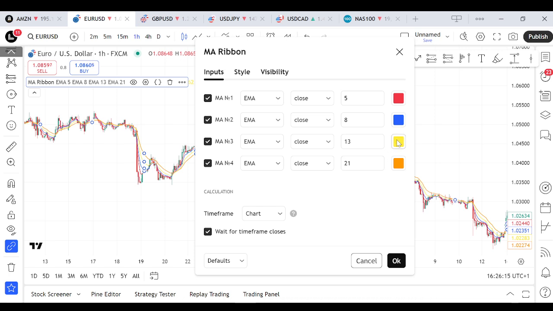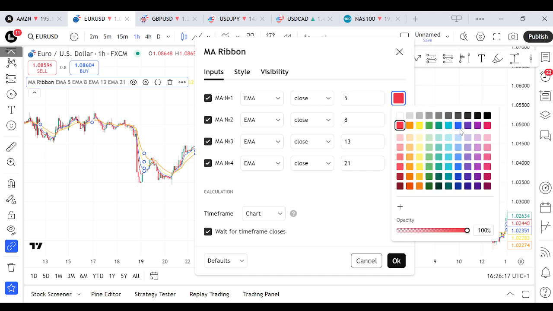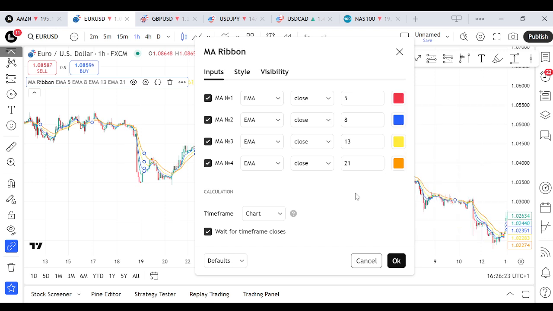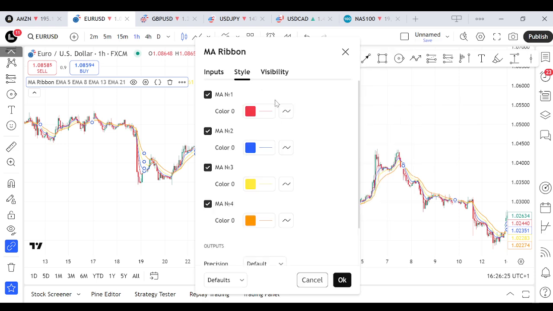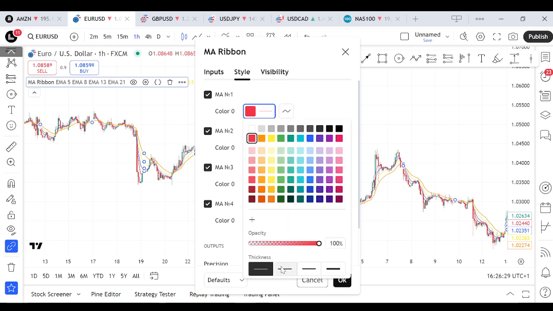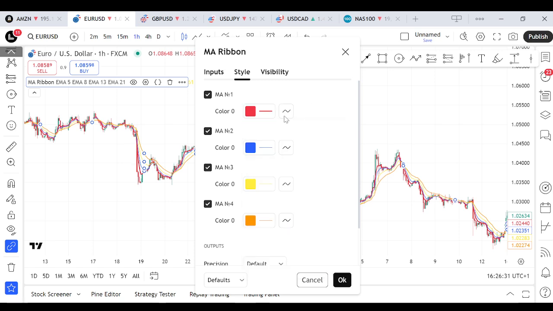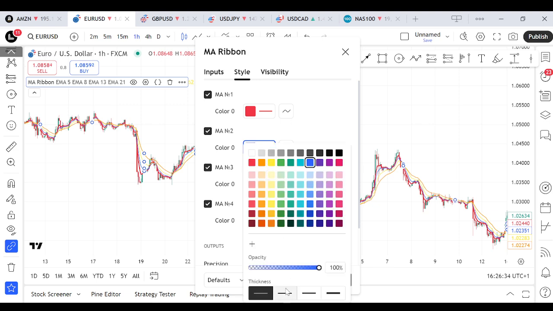It's clear, and I guess I'll use a different color here, like this one. Okay, I think red is better. All right, then the style. I think I should make it thicker so that we can see it clearly.